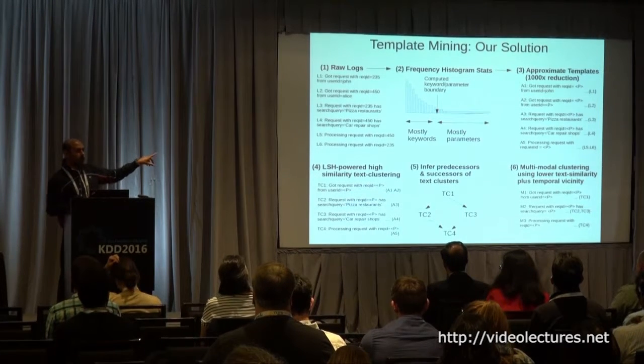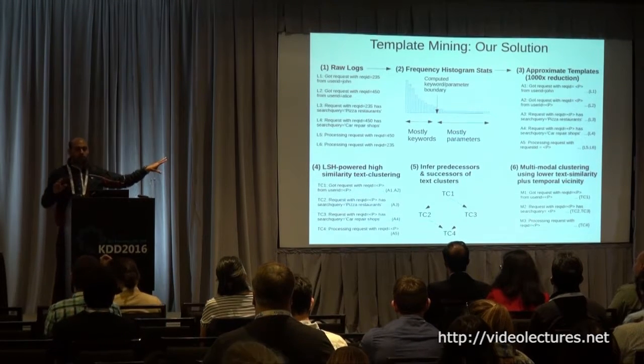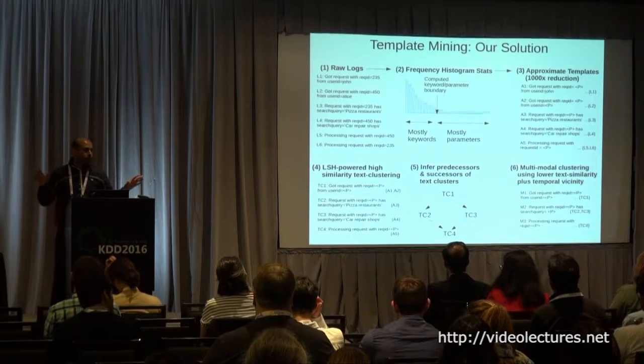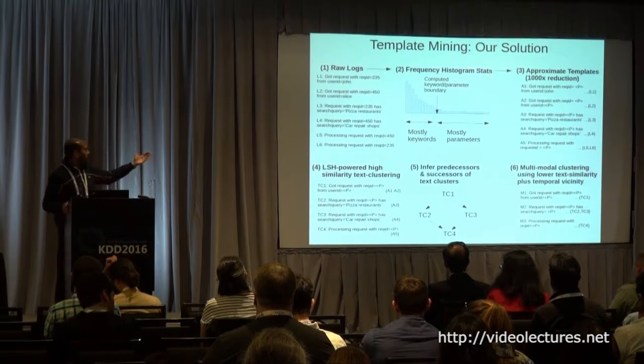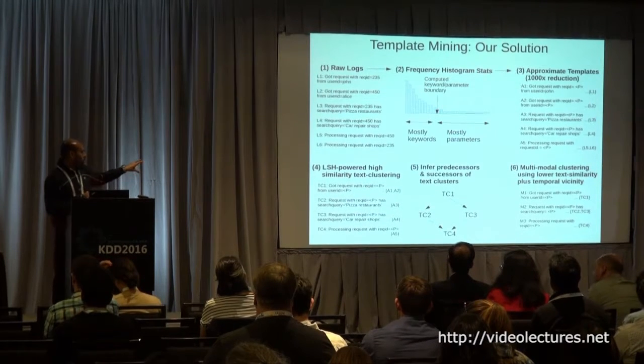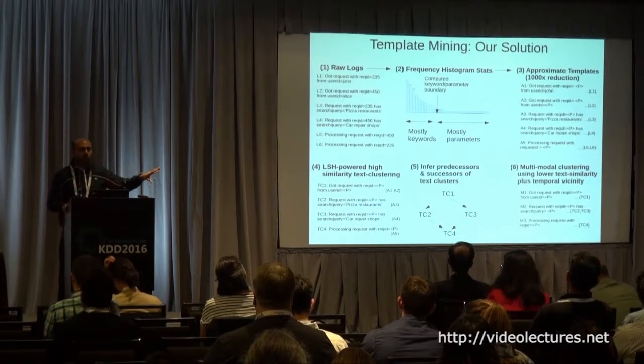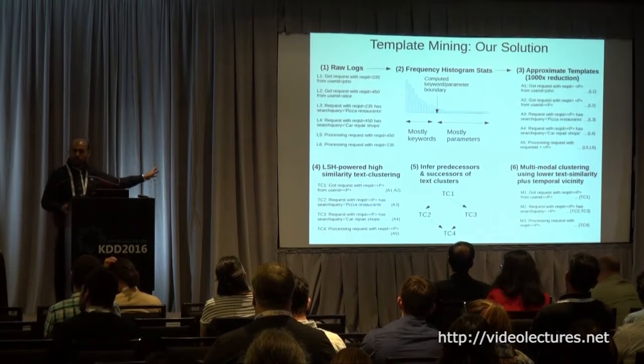And because it's heuristic based, we get some approximate templates. And remember, this is just an intermediate step, right? Given that it's approximate templates, and we know it is approximate for a genuine reason, what we then do is we use scalable, edit distance based clustering to get some kind of refined text clusters. But again, as we said, even that is not enough because of the limitations I discussed before.